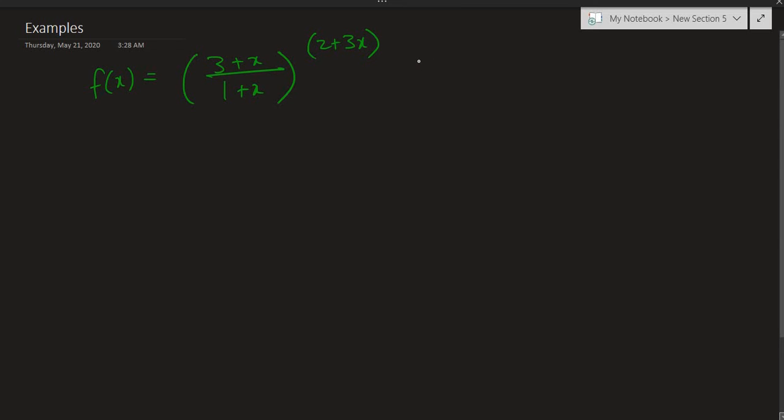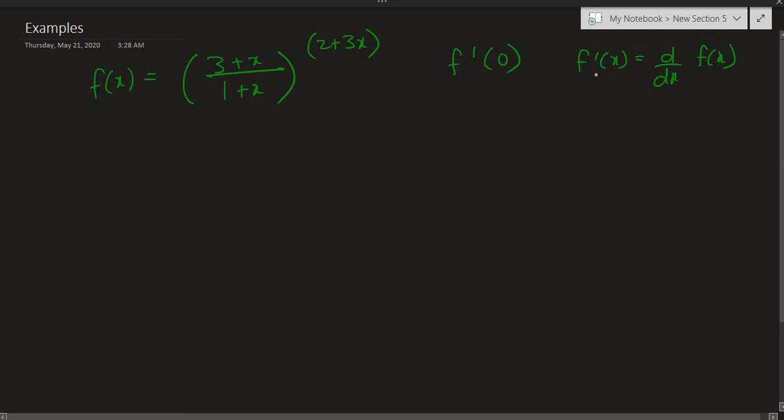And now they want us to find not dy over dx, or in this case f prime, but f prime of 0. And if you remember my notation correctly, f prime of x is just the derivative of f of x with respect to x. This is just Newtonian notation. So f prime of 0 is basically finding the derivative function and then plugging x equals 0 in the final derivative function.